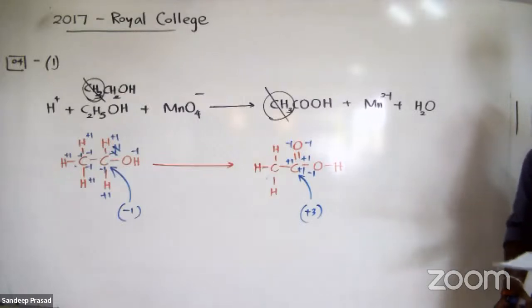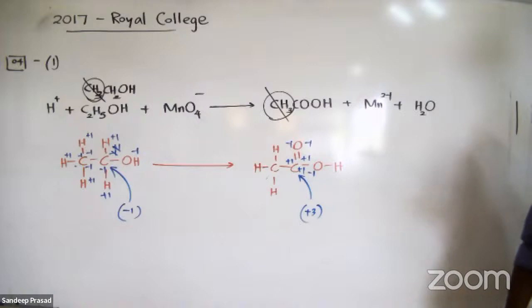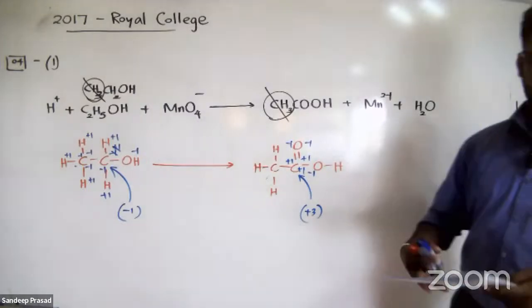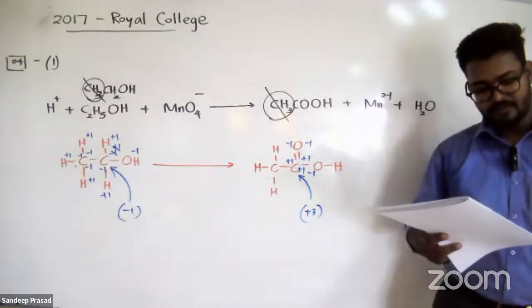Right. Now let's move to question number 5. So can you send me the answer for question number 5? Because that's really easy. Send me the answer. Which of the following pairs match correctly?